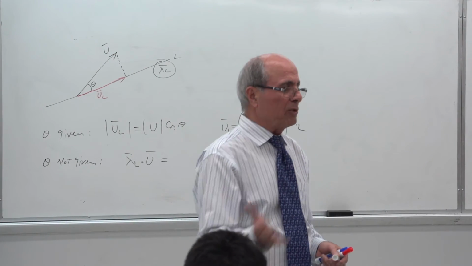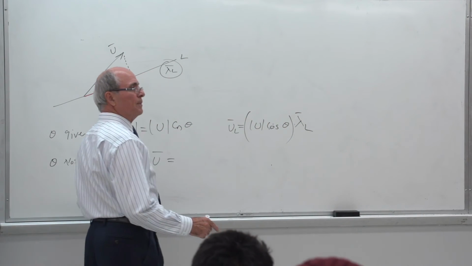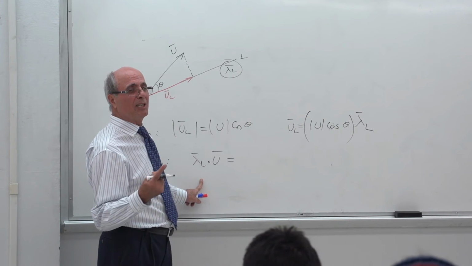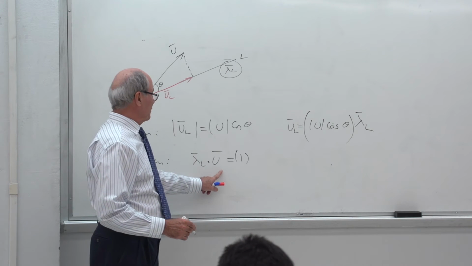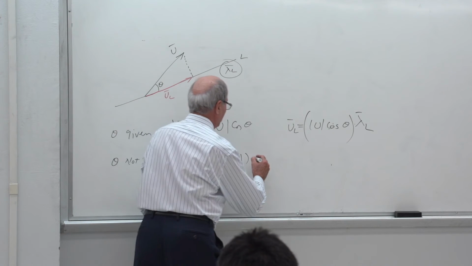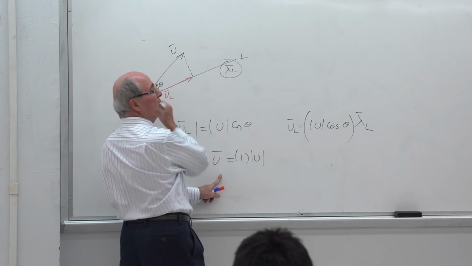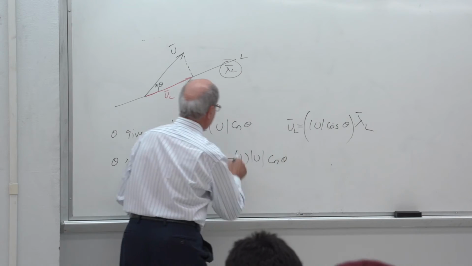The angle between A and B, yes or no? What's the magnitude of lambda L? The magnitude of a unit vector is 1. What's the magnitude of the second one? U is U. What's the angle going from here to there? That's cosine of theta. Is that the same?